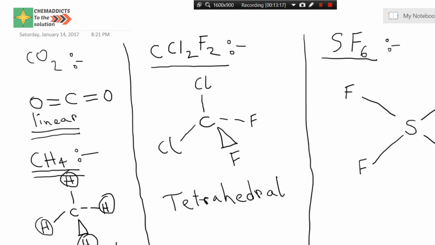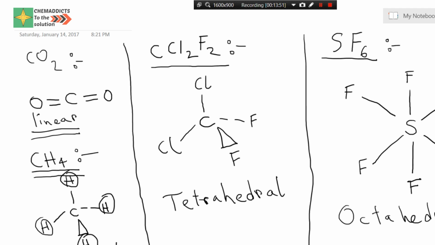So this is a square planar, as you can guess, and above we're going to have fluorine, and below we're going to have fluorine. So that's the shape of this molecule, which is octahedral, I guess. Yes, octahedral. Tetrahedral, octahedral.